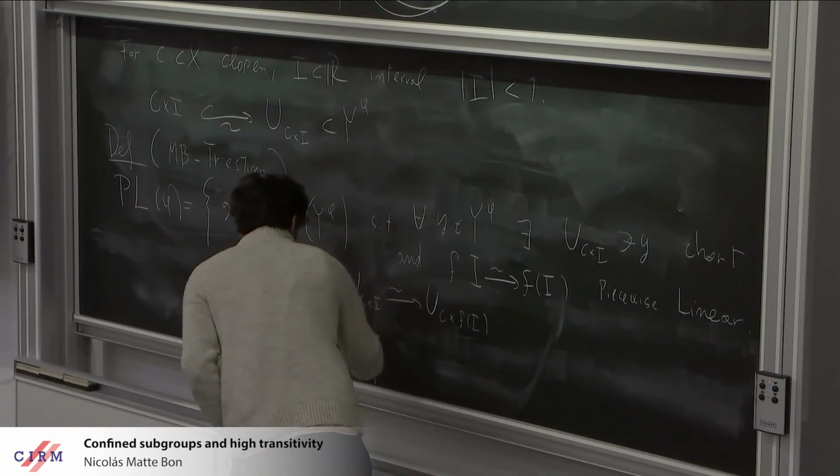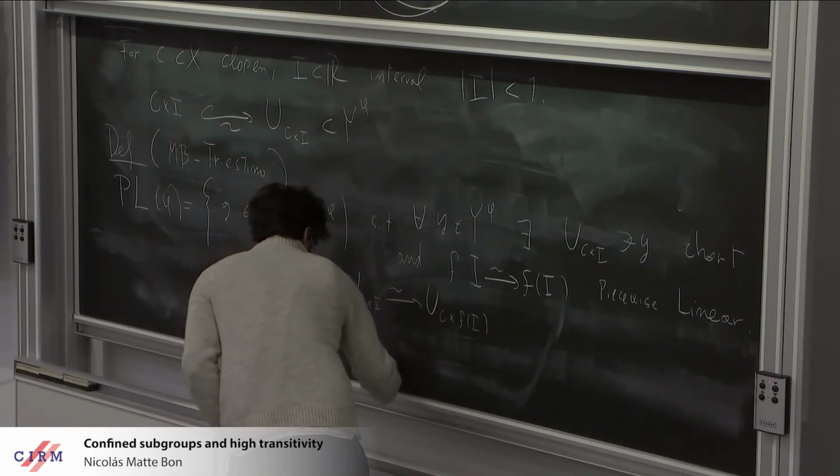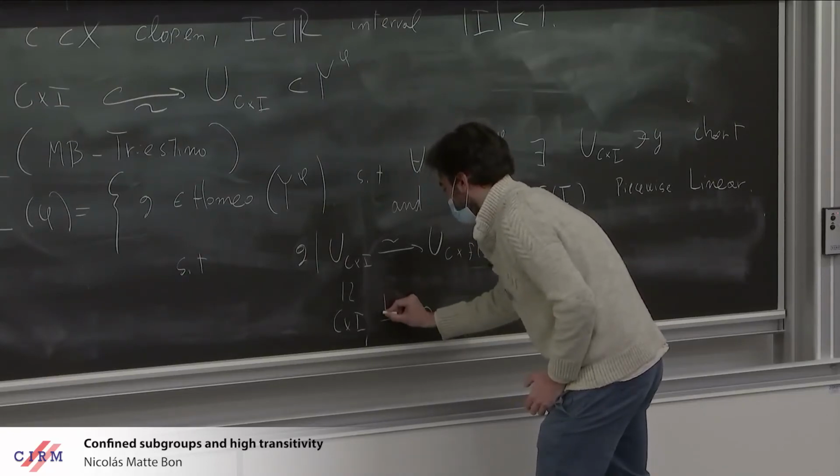And in coordinates, what you see is just the identity times F.